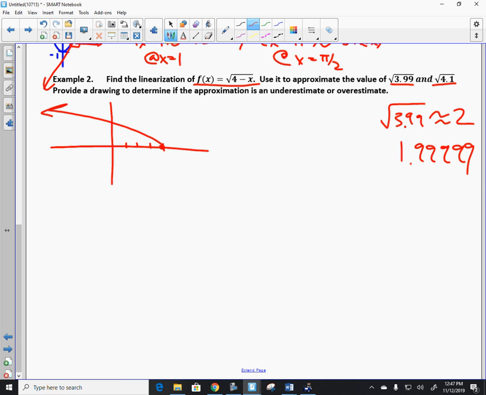So I want to start by finding the linearization. I need slope and I need a point. It doesn't give us a point, does it? Guess what? You have to choose a point. Why 0?